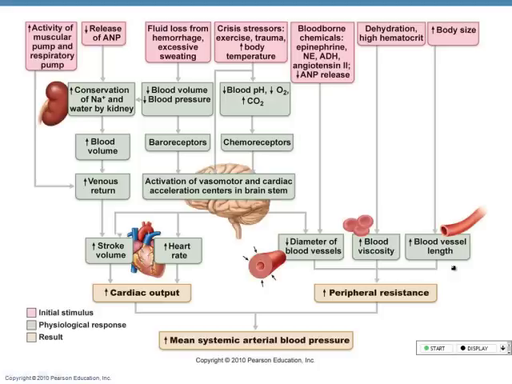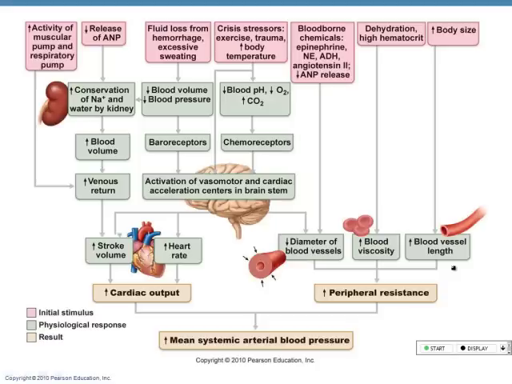So when you become dehydrated, it affects pressure in the system. Your body size is also going to affect pressure in the system because you have an increase in what? Blood vessel length. And because of that, your body is going to try to compensate and do what? Increase pressure in the system. Sometimes it overcompensates a bit, and you can end up with high pressure in the system.